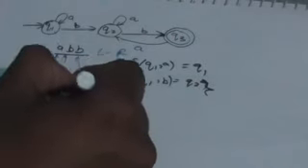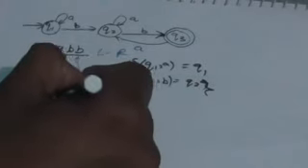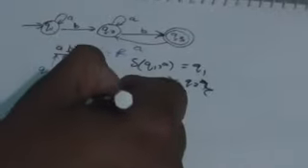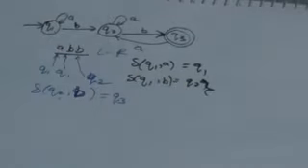So after reading this input symbol B, it jumps from Q2 to Q3, which is the final state. Right?